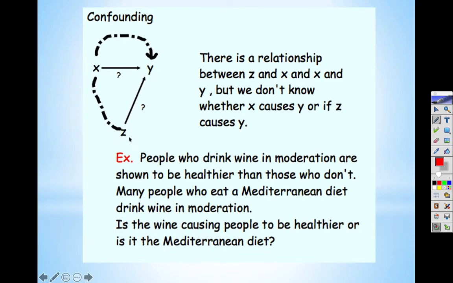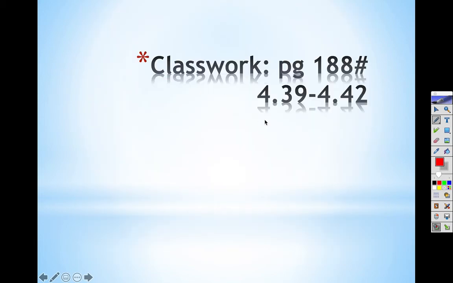Or is it that people on a Mediterranean diet who often drink a lot of wine are healthier? Meaning, does drinking wine cause health? Does a Mediterranean diet cause health? Because something's going on where they're all correlated. And so you just don't know. That's why there are question marks. In confounding, you can't tell which of the two starting things caused the response. Did this cause it or did this? Because they're all related.